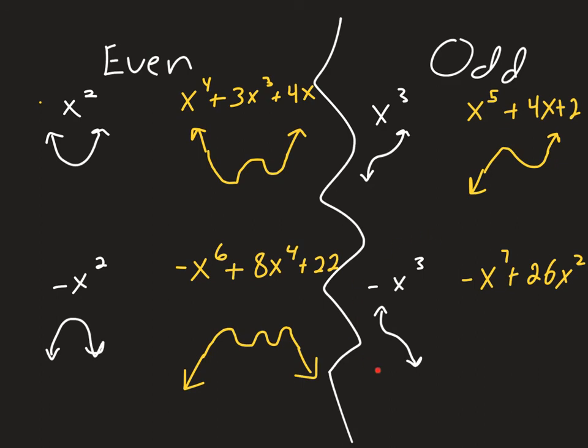So I'm just going to use my little cheat code right here, and it says look to the left, and it goes up, look to the right, and it goes down. Some other funky things are going to happen in the middle, but my end behavior is going to be the same. And from there, I can just use my notation and write out that end behavior.